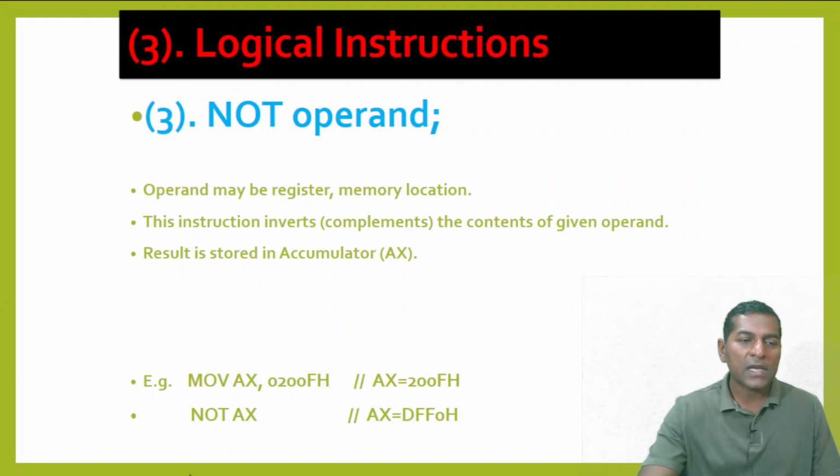The example is MOV AX, 200FH. These contents are copied into the AX register. After that, we'll get 200F in AX, and the contents of AX are complemented using the NOT instruction, and the result we'll get is DFF0.